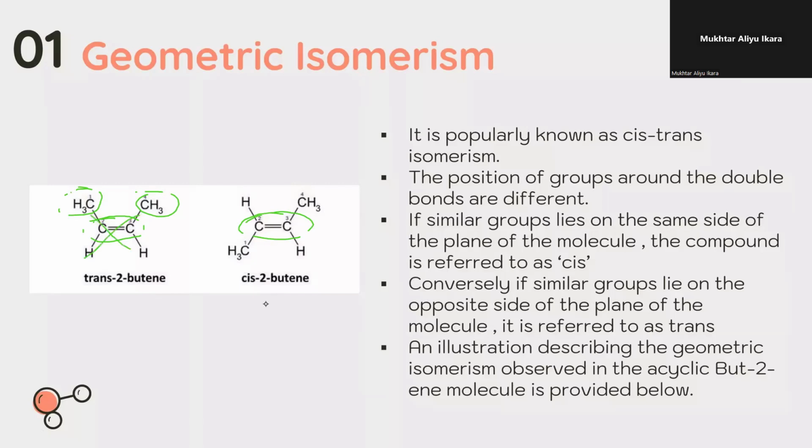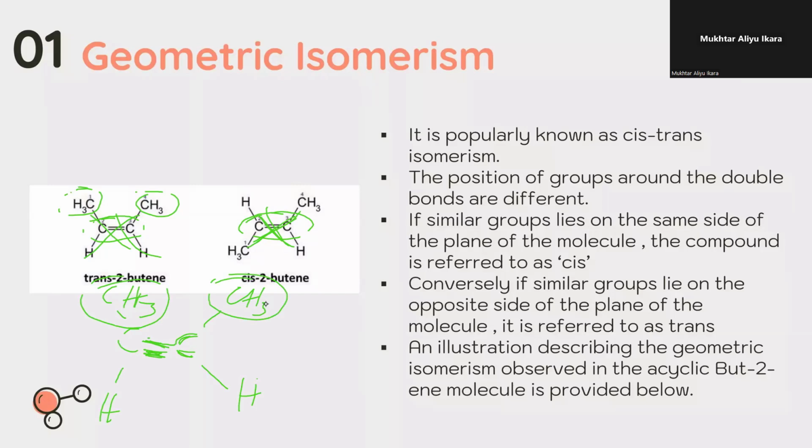This structure that is demonstrated here is wrong. If you have a compound with a double bond between carbon and carbon, like in this case, with CH3 here and CH3 here, and of course hydrogen and hydrogen, you can see clearly that we have the same group on the same side.